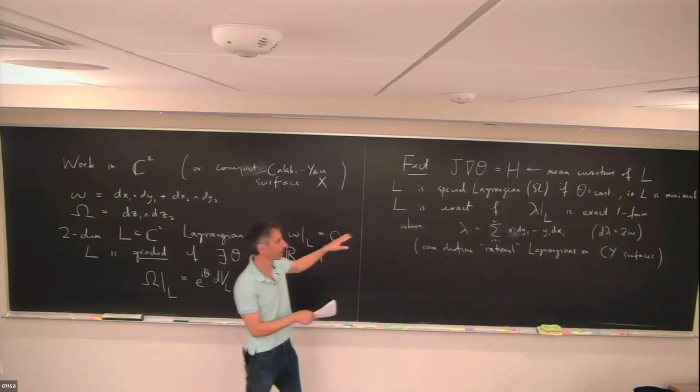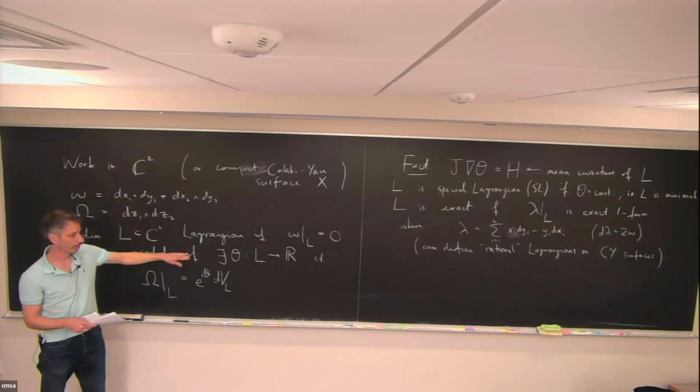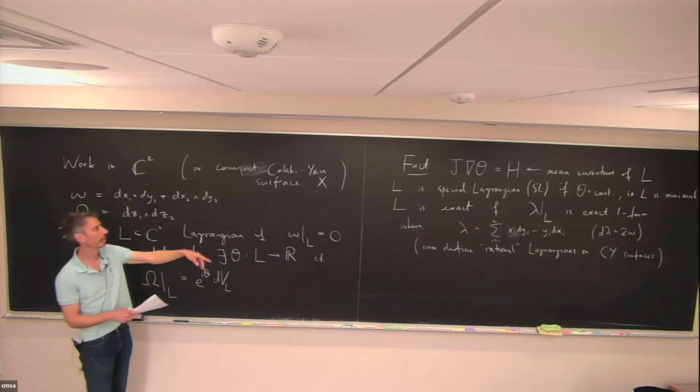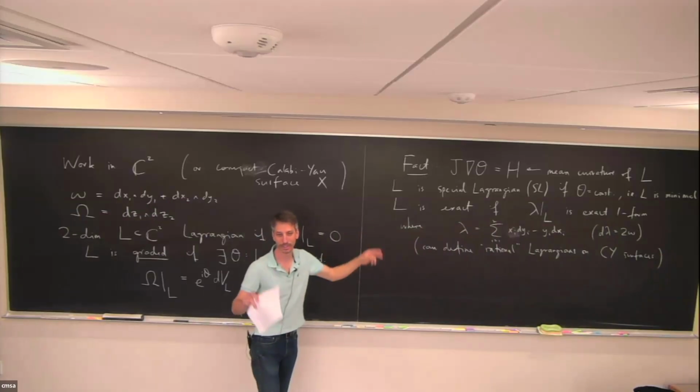So throughout this talk, everything will be either in C², where we only care about graded Lagrangians which are exact, or in a Calabi-Yau, where we care about graded Lagrangians that are rational, whatever that means.